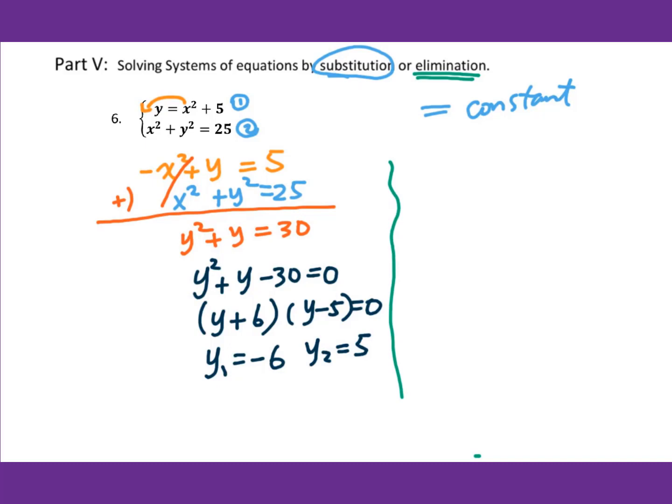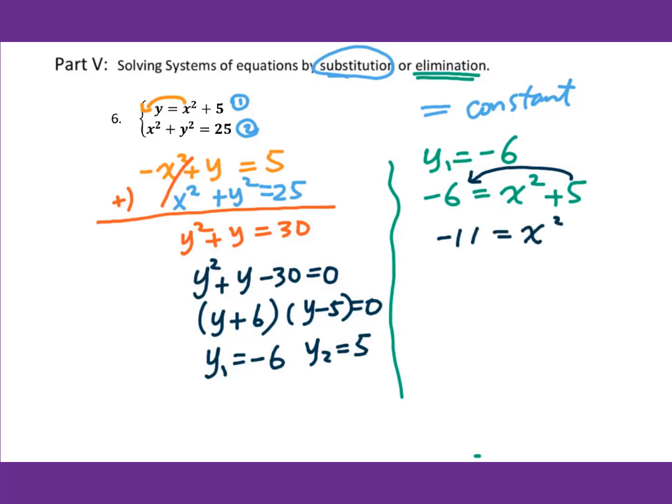Let's plug into the first one. We got y1 equals -6, so we got -6 equals x squared plus 5. Then we minus 5 from both sides. You will get -11 equals x squared. This is no solution.